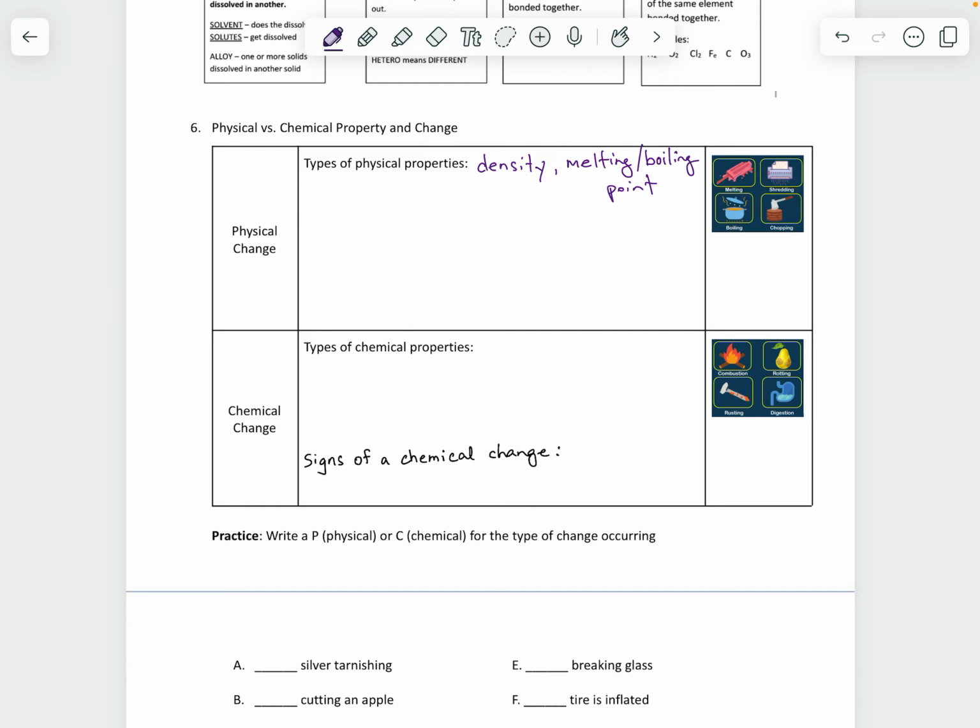In terms of the physical change, the outward appearance changes, but the actual inherent chemical composition doesn't change. And so this is a change in outward appearance only.